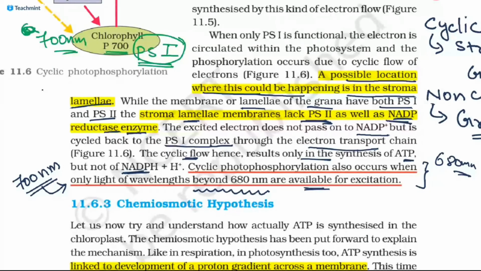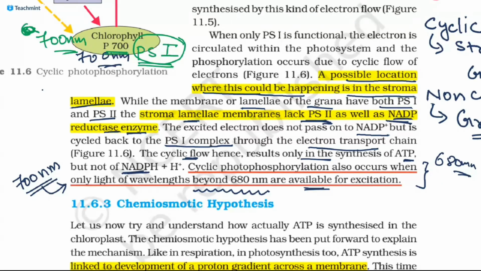So if I say that light of 680 nanometer is present, will cyclic photophosphorylation take place? No. If light of 680 nanometer and 700 both are present, will cyclic take place? Still no. Because cyclic will take place only if 700 nanometer wavelength of light is present.